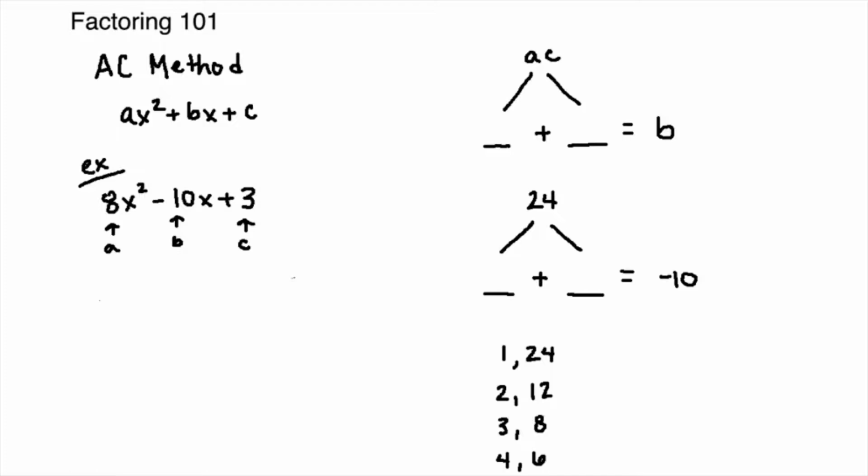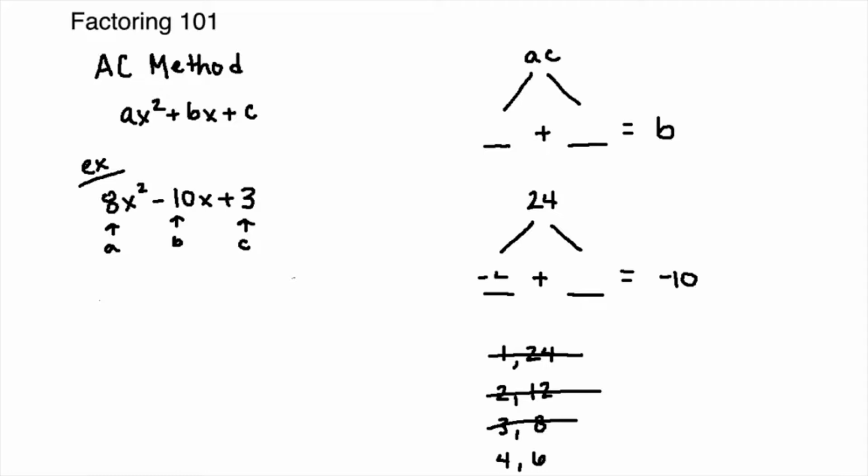So 1 and 24 aren't going to give us 10 no matter what combination we do, so that's out. 2 and 12, if we could do 12 minus 2, that would give us 10, but there's no way to get negative 10 from those two, so that's out. 8 and 3 don't give us 10, but if we add 4 and 6, that does give us 10. But since we need it to be negative, we're going to use negative 4 and negative 6.